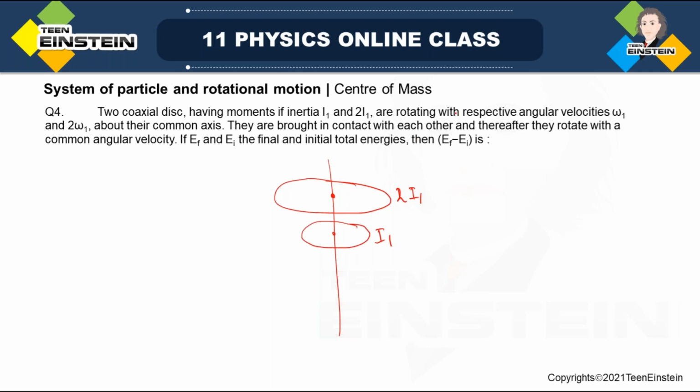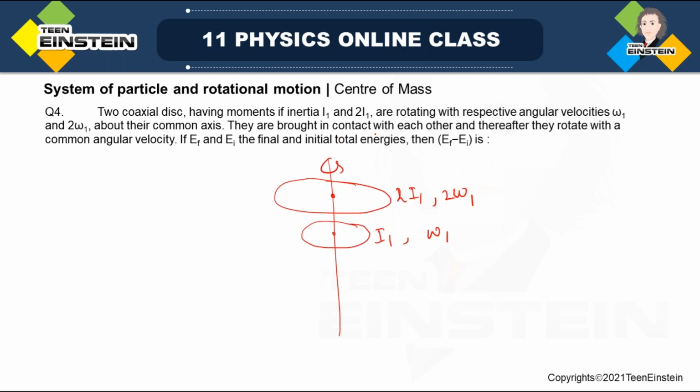Rotating with respective angular velocities. Suppose this has 2 omega 1 and this has only omega 1 angular velocity, rotating about their axis of symmetry passing through their center of mass.